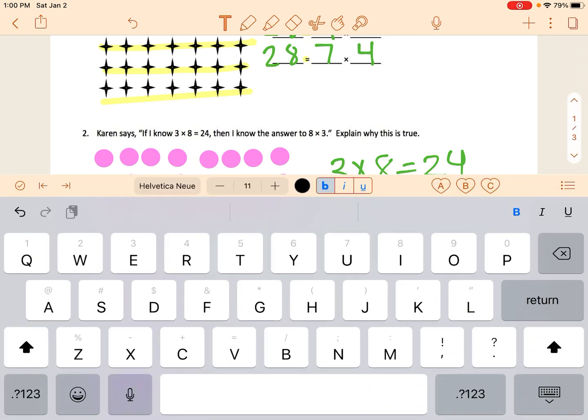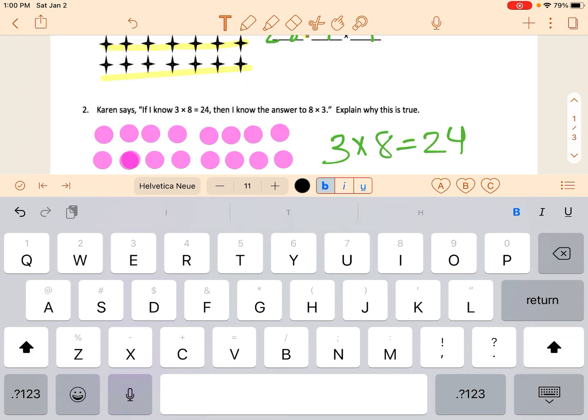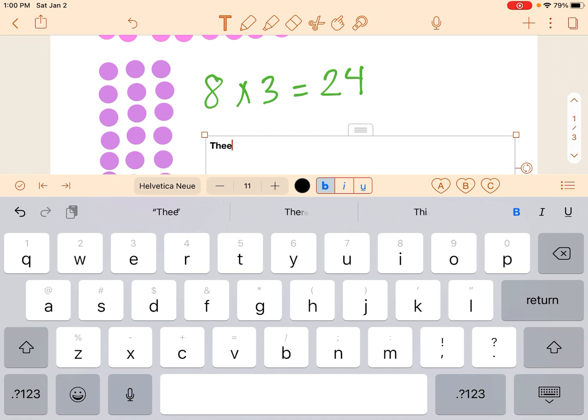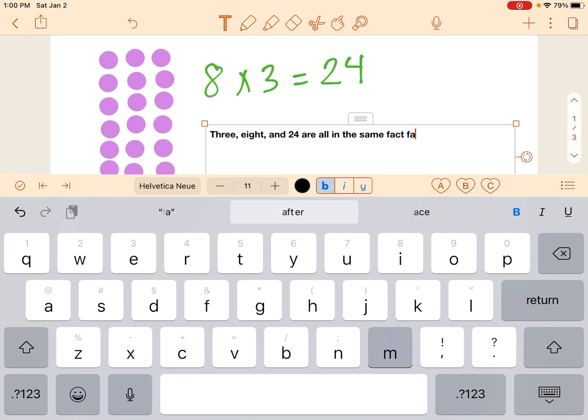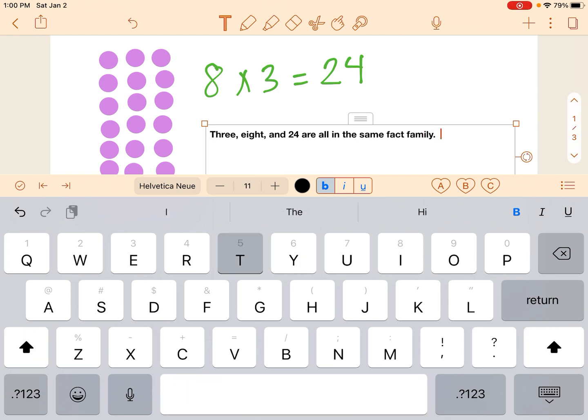Now, we talk a lot about fact families, right? So I might say something about 3, 8, and 24 are all in the same fact family.